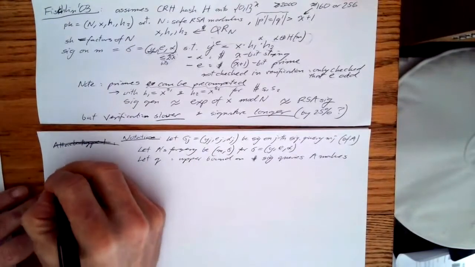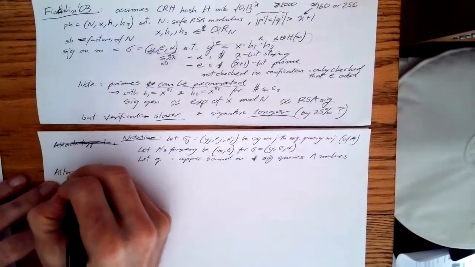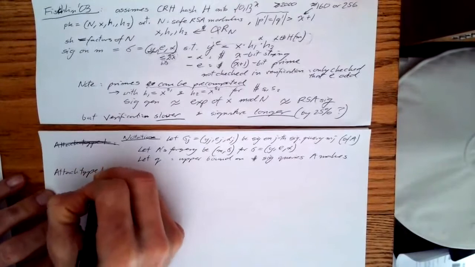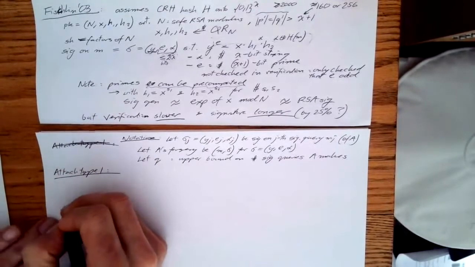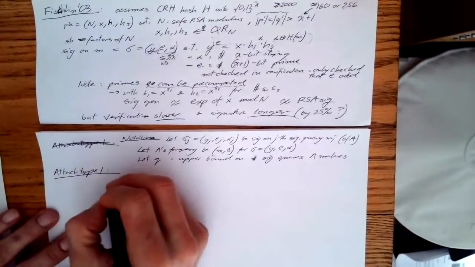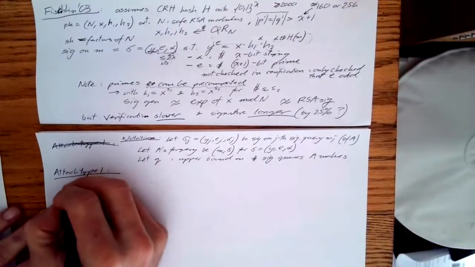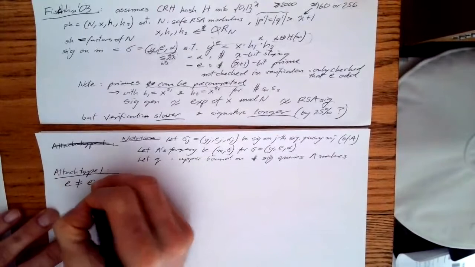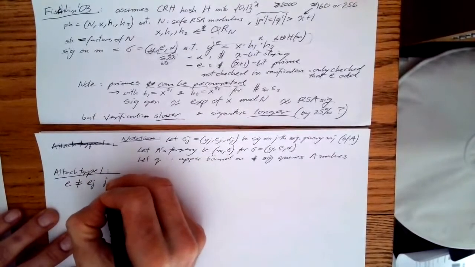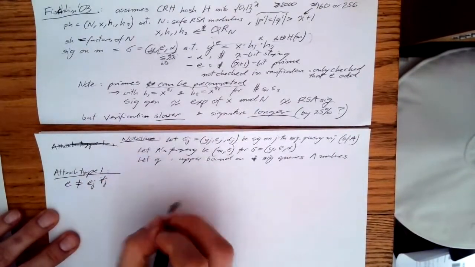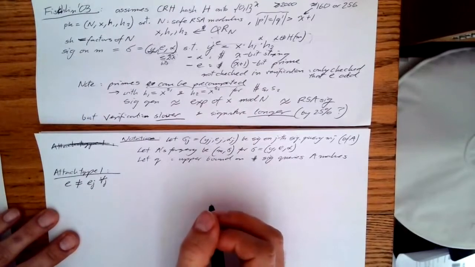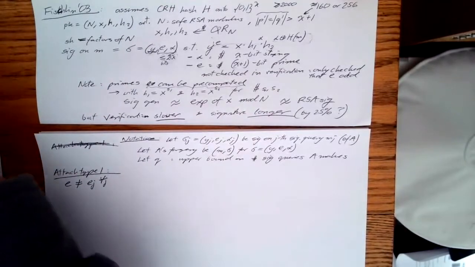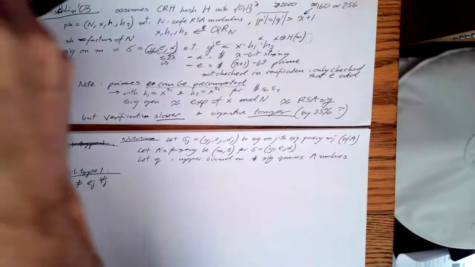Okay, so now attack type 1. Attack type 1 is that the forgery is different from all the e's in the signatures.